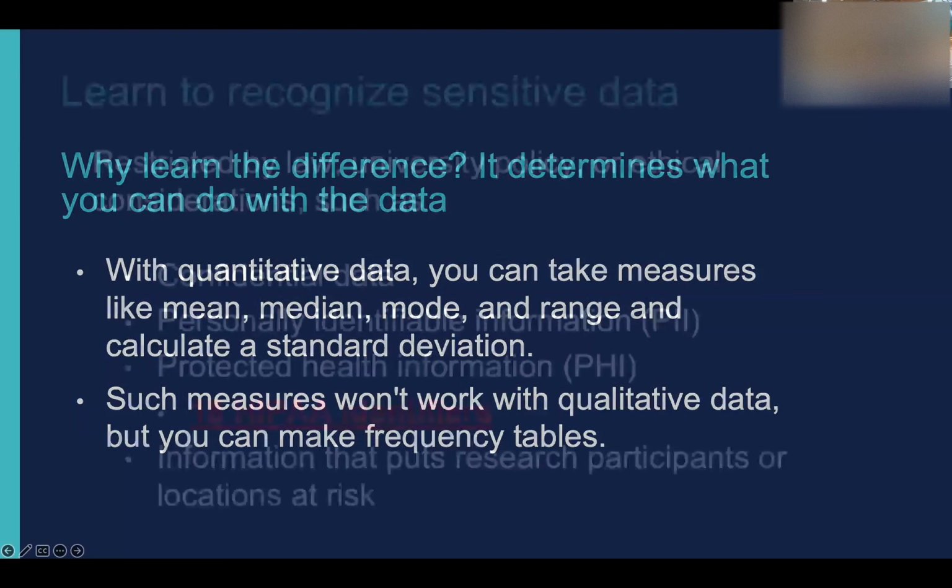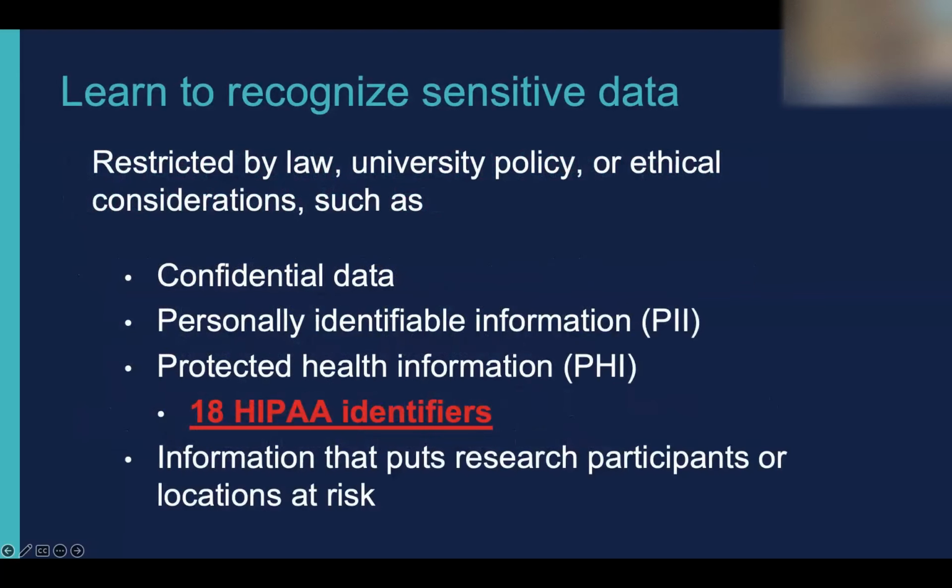The other thing that's really important for you to do is learn to recognize sensitive data. Sensitive data is anything that's restricted by law, university policy, or ethical considerations. It might be confidential data, personally identifiable information like social security numbers, protected health data, or really any information that puts research participants or locations at risk.